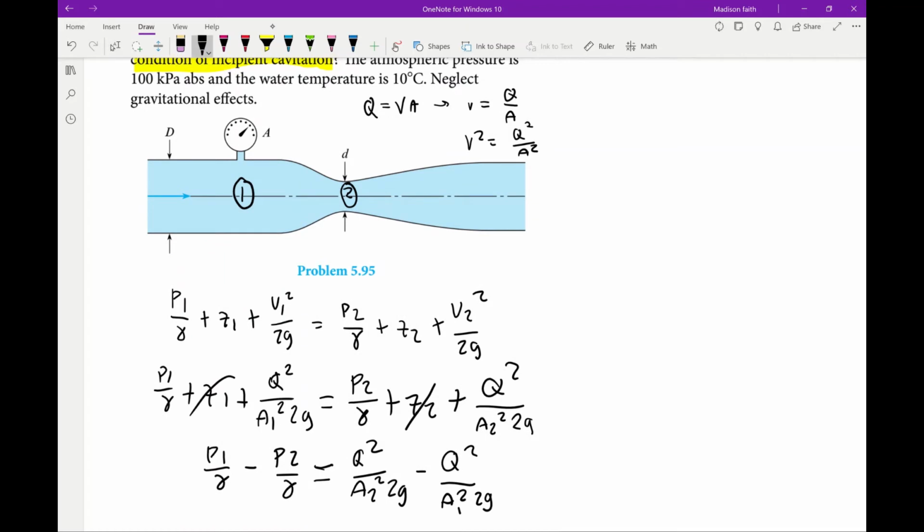And we can rewrite that as Q squared times 1 over A2 squared 2g minus 1 over A1 squared 2g.